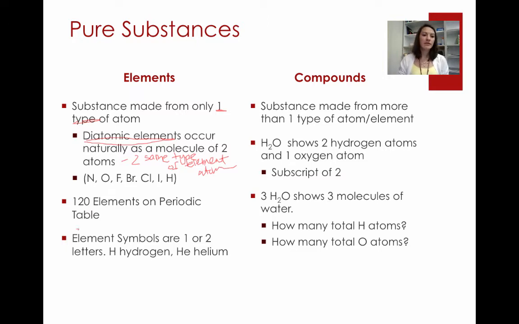So let's talk about the element symbols. Element symbols like H for hydrogen, He for helium, C for carbon. Those symbols are either 1 or 2 letters. For many of them, they're 1 letter. However, the H has already been taken for hydrogen, so we use a second lowercase letter to help describe helium, He.